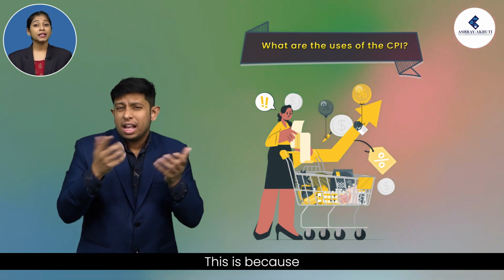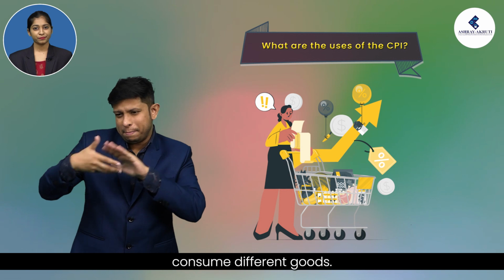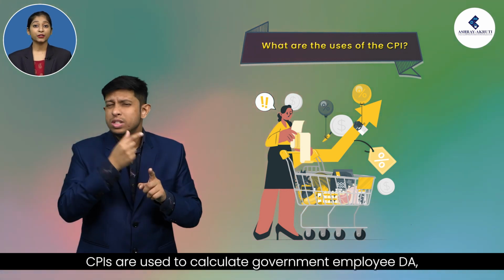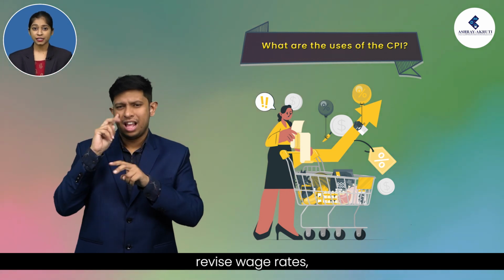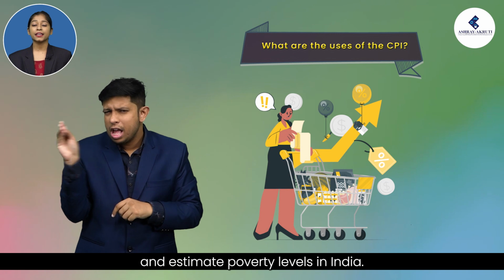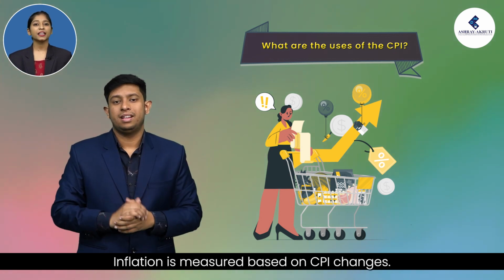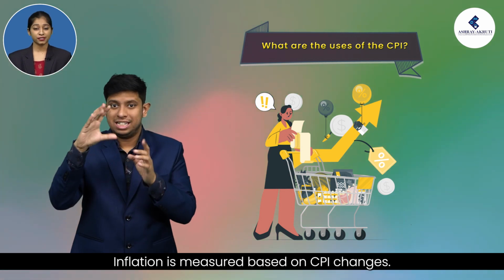This is because different types of families consume different goods. CPIs are used to calculate government employee DA, revise wage rates, and estimate poverty levels in India. Inflation is measured based on CPI changes.